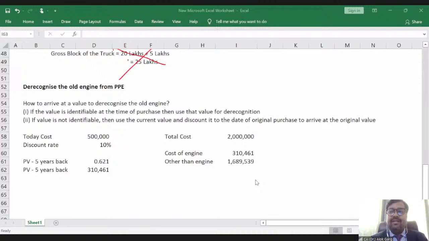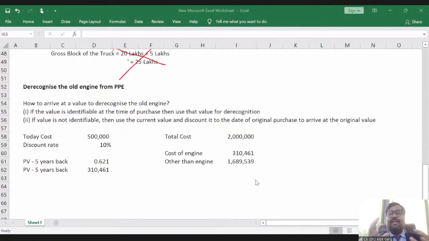So for de-recognition, either I should be aware of the original cost. If the question has given you that the cost of the original engine is, let's say, 6 lakh rupees, you have to use 6 lakh. But if the question has not given it, then the standard says use the current cost as a surrogate cost and find out the present value, that if today I am spending 5 lakh or 6 lakh rupees, then what is the value of this amount 5 years ago.